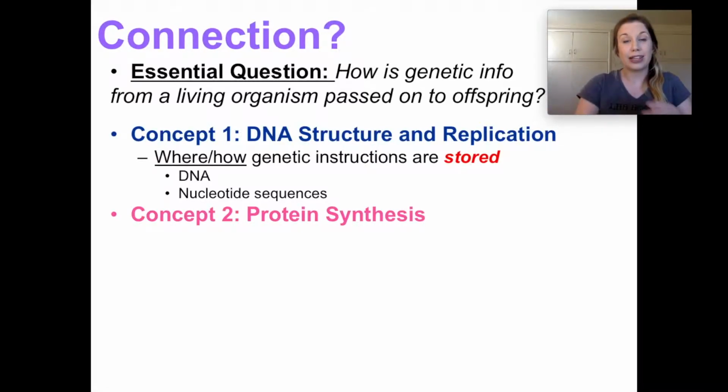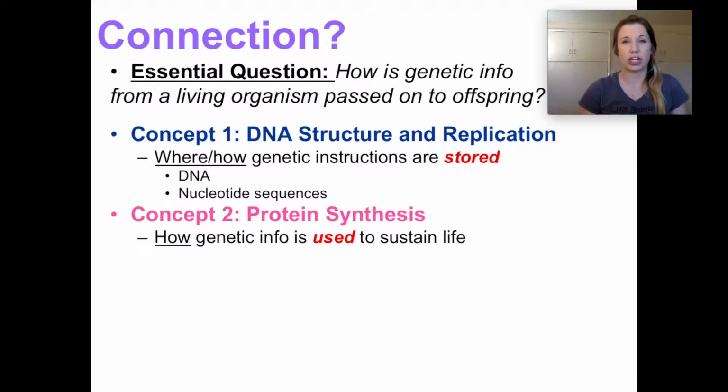That led us into Concept 2, protein synthesis, which is how that genetic information is then used to keep us alive. The central dogma of genetics states that DNA is found in the nucleus. It can't leave. It's nice and protected in there. However, there's an issue. The ribosomes, the little protein-making factories, are located outside of the nucleus, in the cytoplasm and on the rough endoplasmic reticulum.